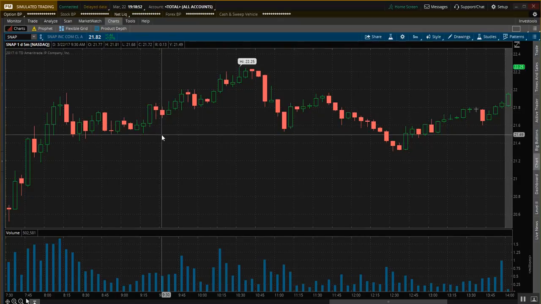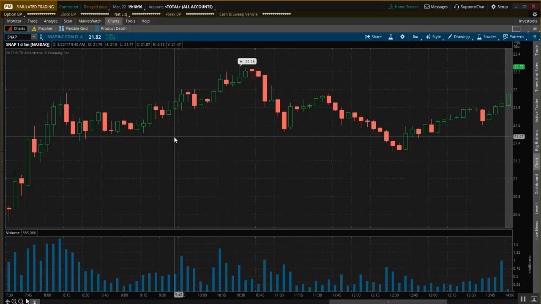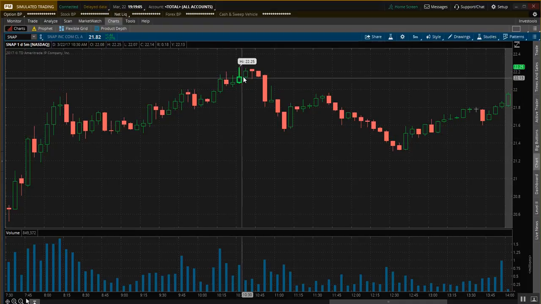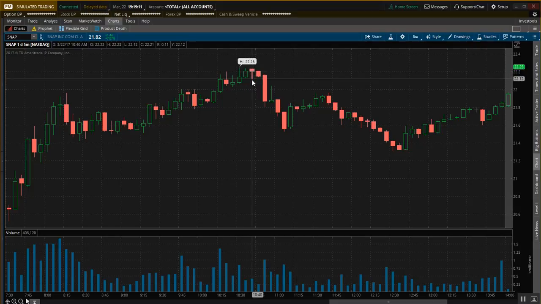It's very helpful when it comes to noticing when to buy and when to sell. So obviously, if you see a little hammer like this, it means that it's slowing down.